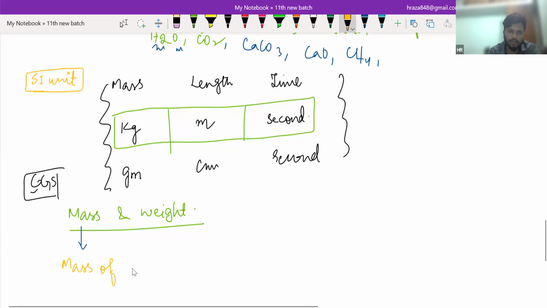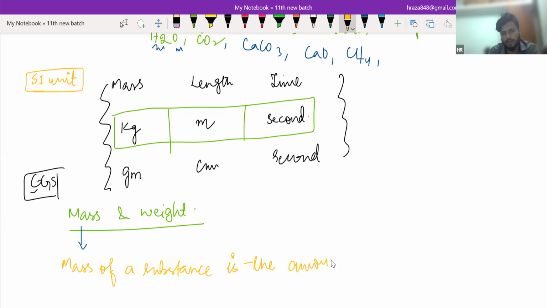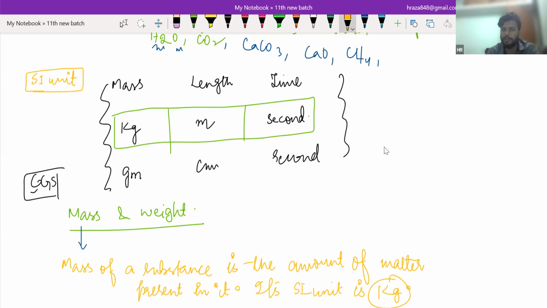Mass of a substance is the amount of matter present in it. Mass has an SI unit called kilogram.